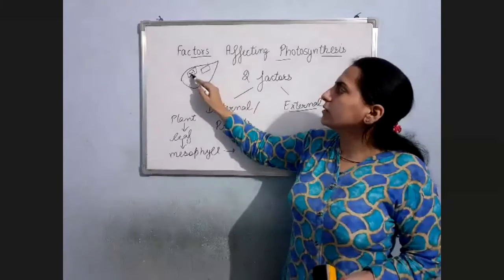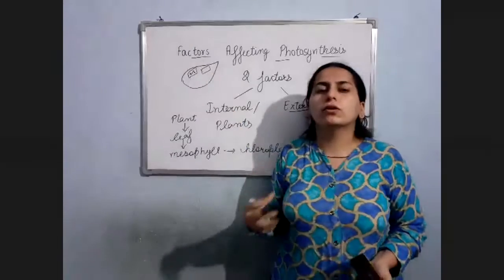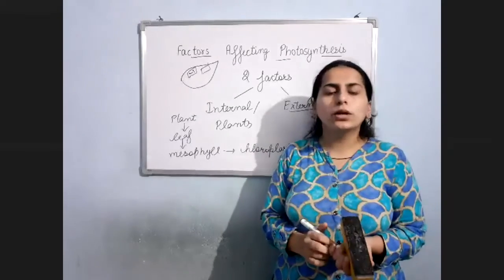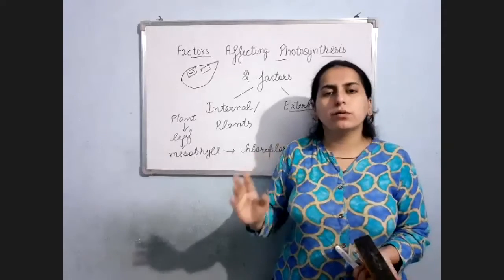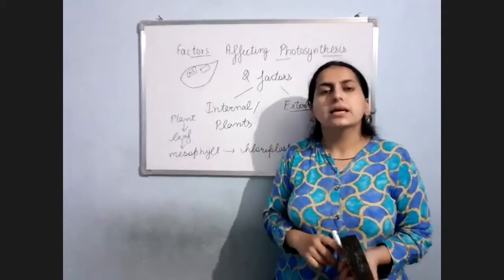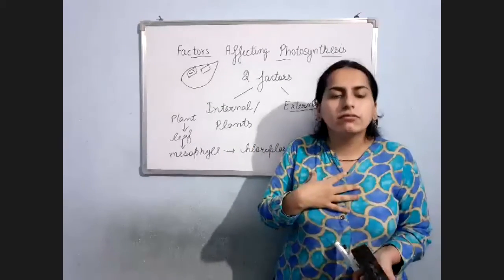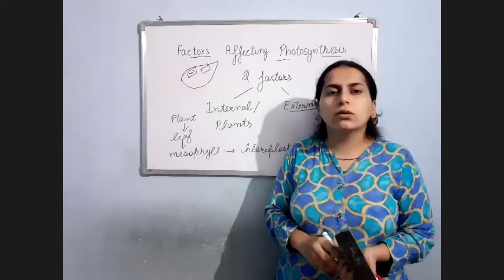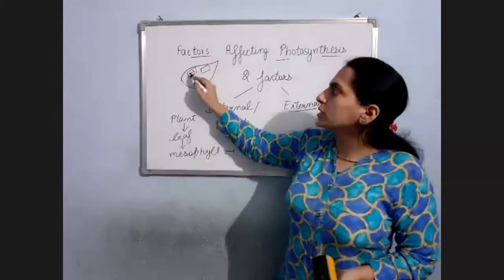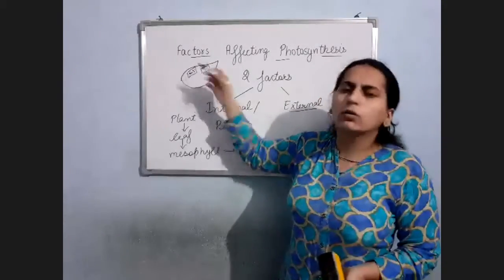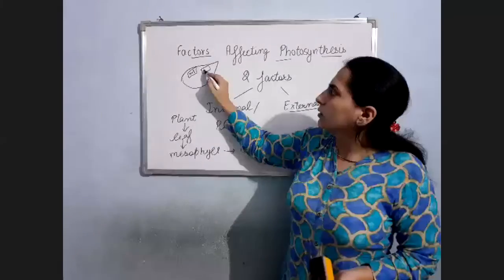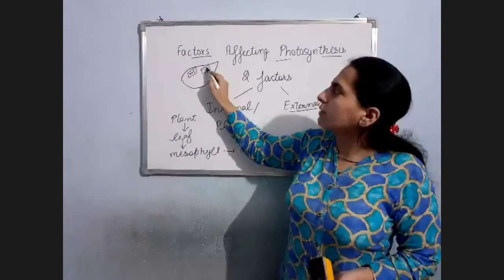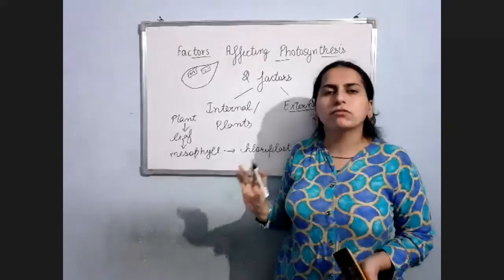Okay, as I was giving you the example of the number of chloroplast. Firstly, I told you the size of the leaves will affect the process of photosynthesis. Second internal factor is number of the chloroplast. Suppose this leaf has 10 chloroplast. I'm saying this is a hypothetical number. Suppose this leaf has 10 chloroplast in the mesophyll cells.